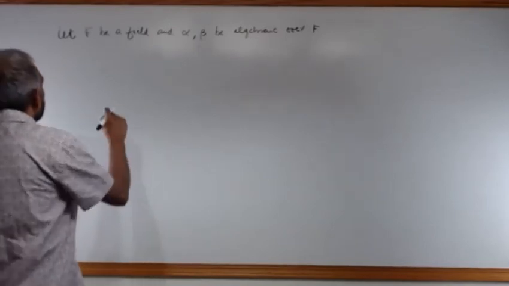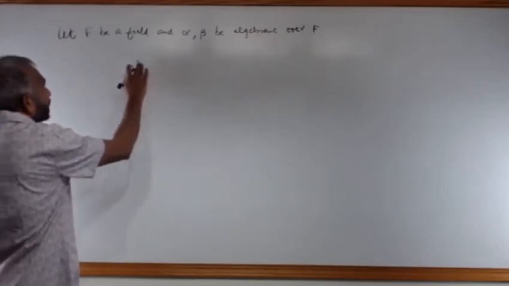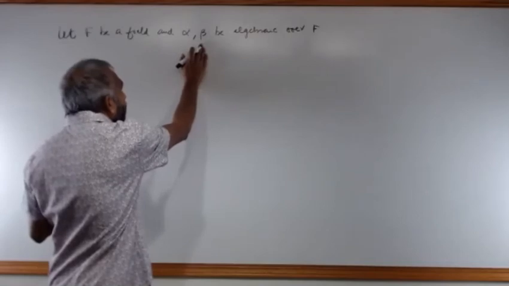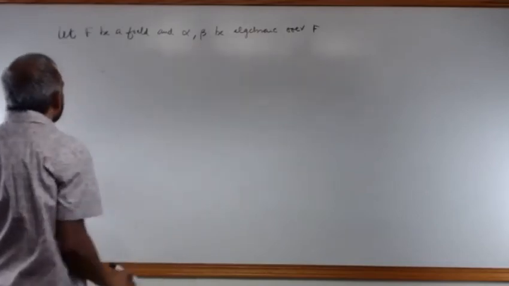So what is a necessary and sufficient condition for alpha and beta to be conjugates?